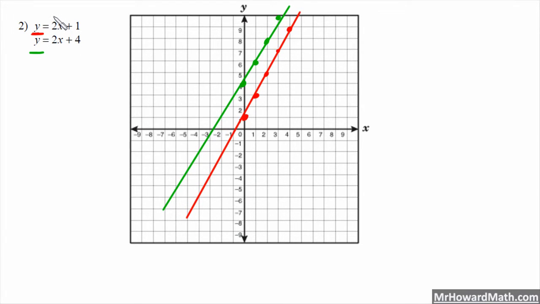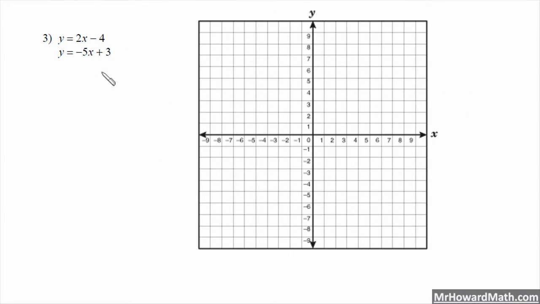These two lines have the same slope, so they will never cross, so the answer here is there is no solution. There is no ordered pair that they share. These two lines are parallel, same slopes, two different y-intercepts, 1 and 4. They will never cross, so our answer is no solution.